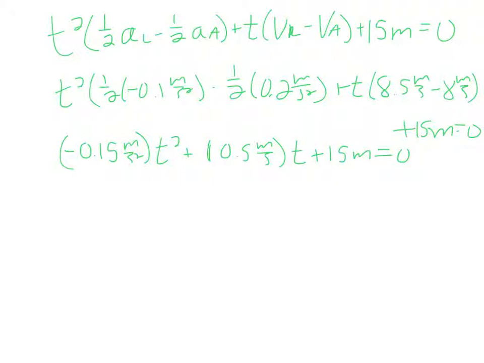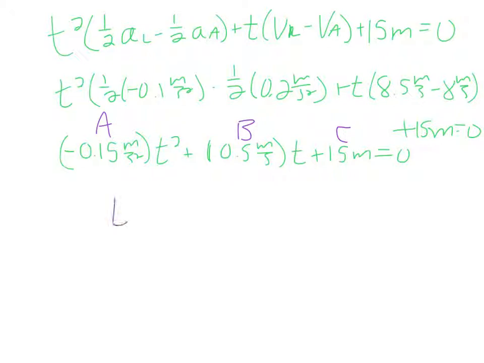The coefficients for the quadratic formula, this is your A, this is your B, this is your C. Plugging that into your calculator, we get, and I'll do this right now, so negative 0.15, 0.5, and 15. A negative 8.47, you know time can't be negative, so that answer is wrong.